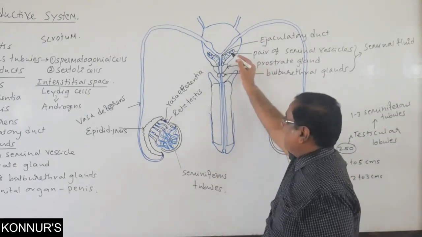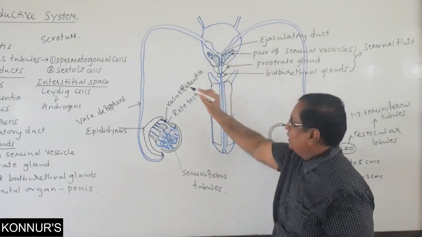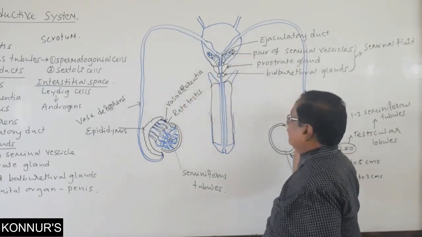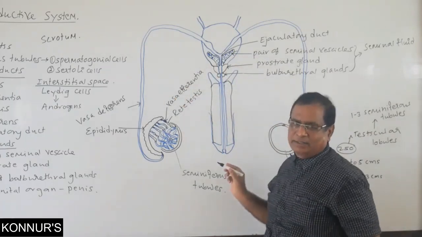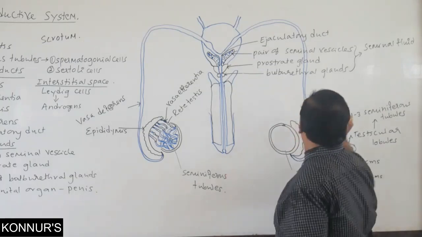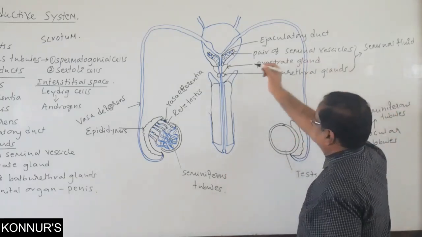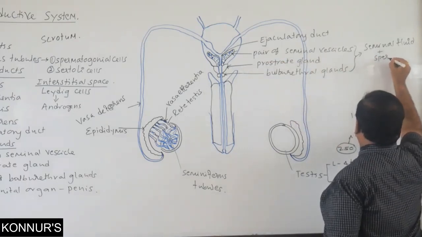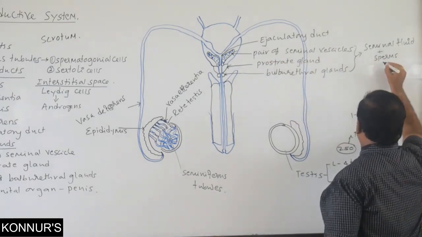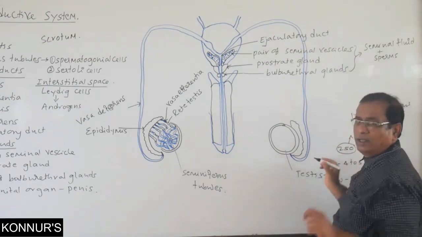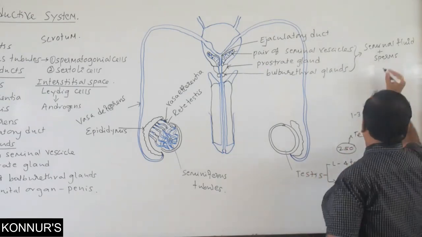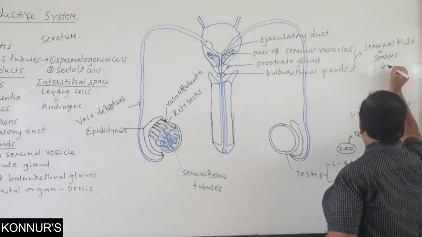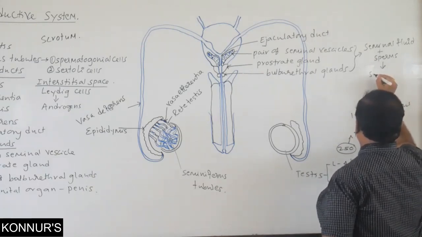Sperms have also come to the ejaculatory duct through the pair of vasa deferens, so that the sperms will be embedded in the seminal fluid, and seminal fluid possessing sperms is named semen.